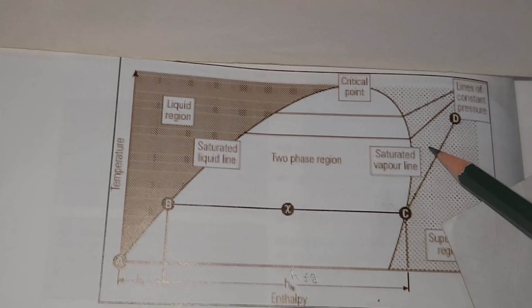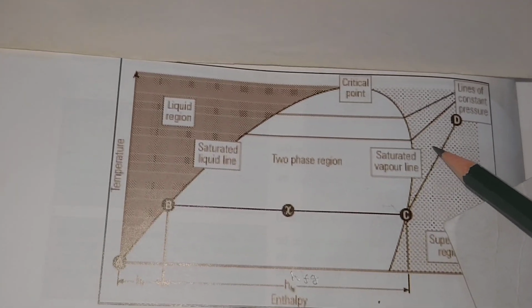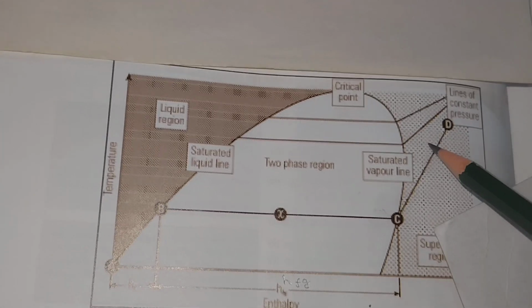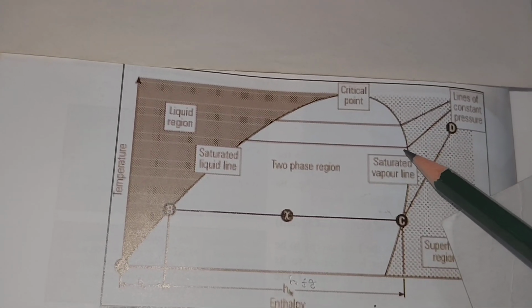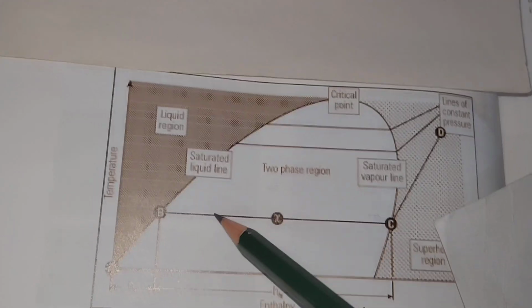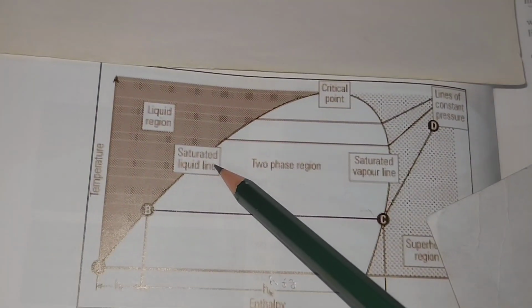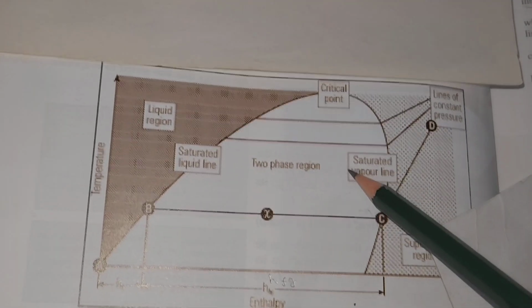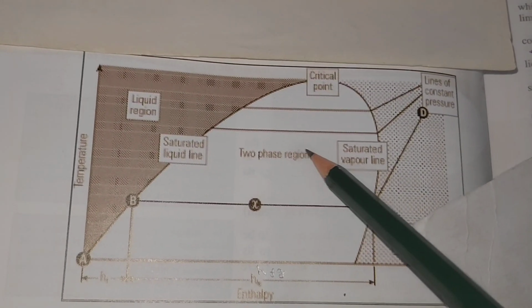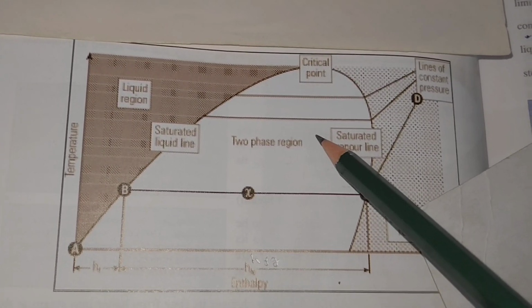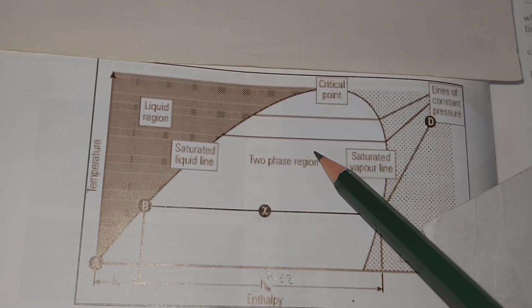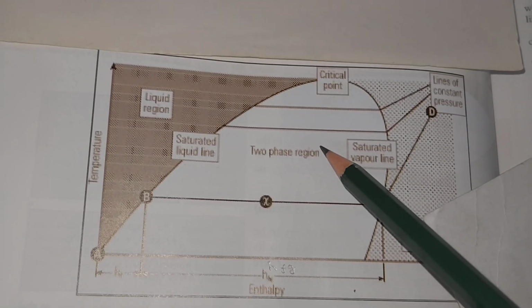The saturated liquid and saturated vapor lines enclose a region in which a steam-water mixture exists, that is wet steam.